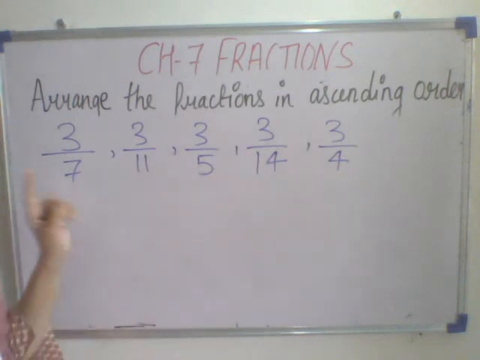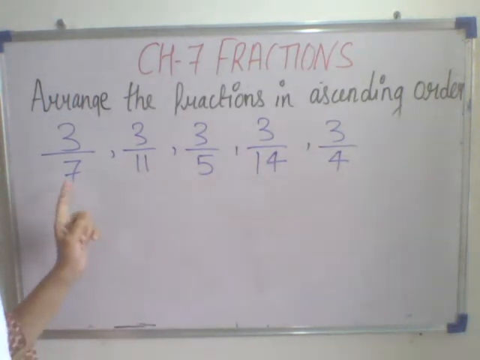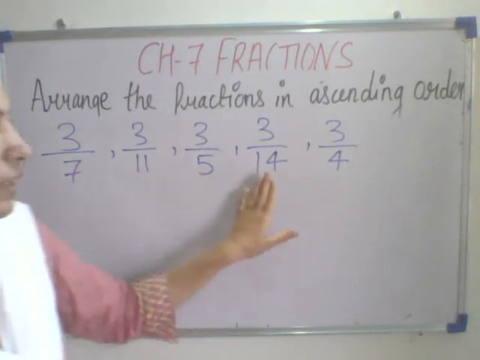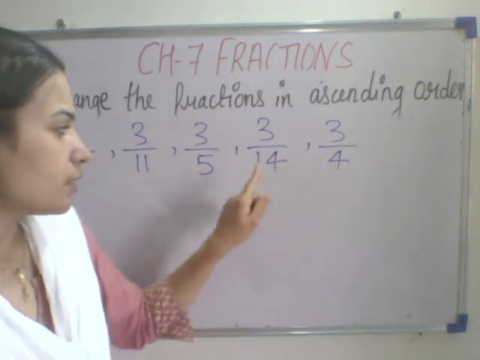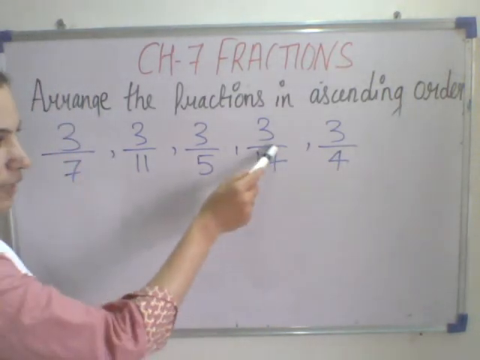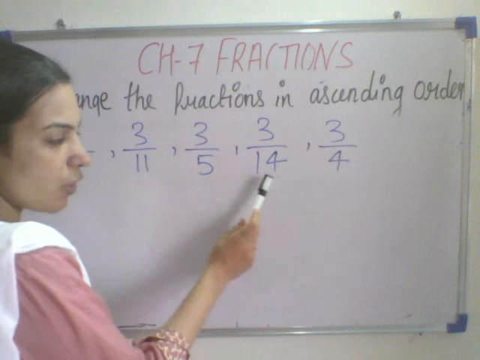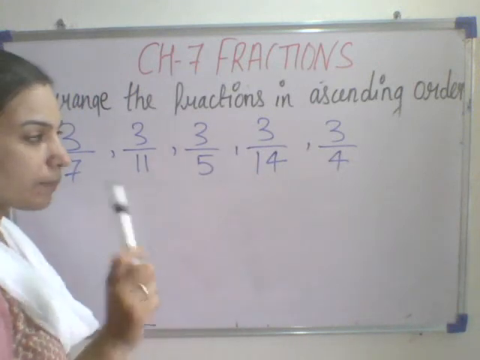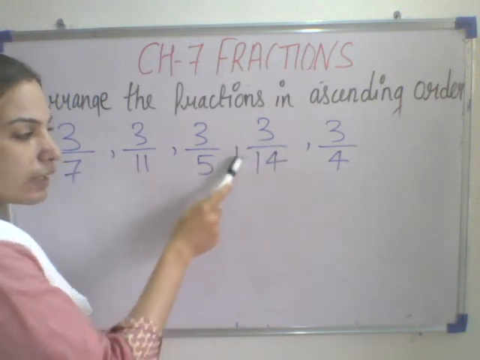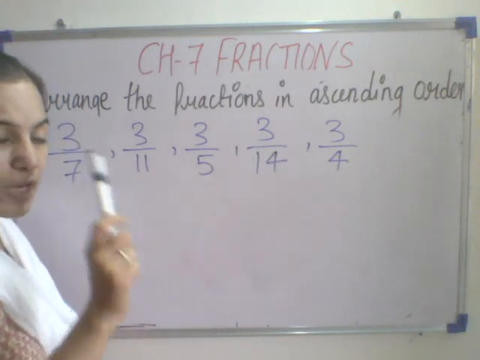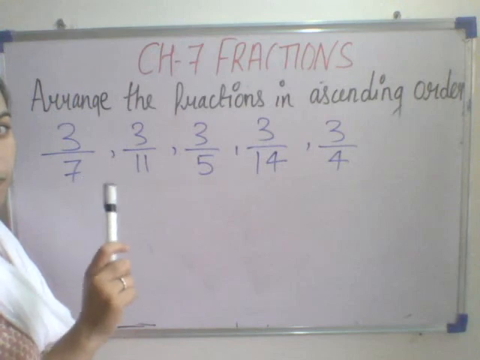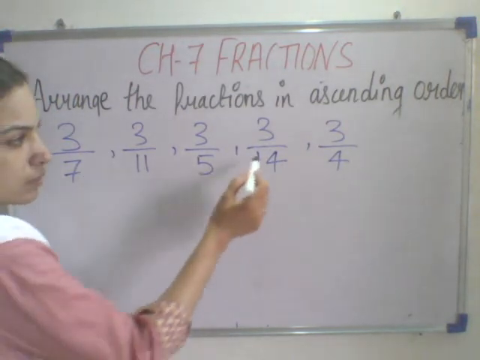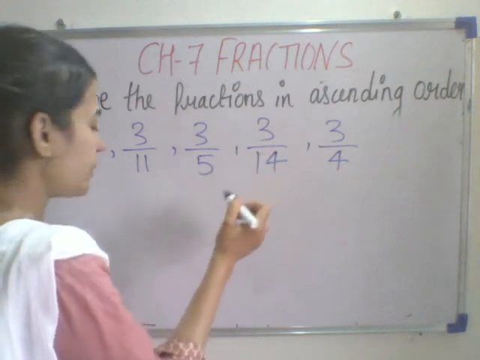The fraction with the greater denominator is smaller. Which one is greater? 14 is greater. So 3 upon 14 is the smallest fraction. The fraction having the greater denominator will be the smallest fraction.